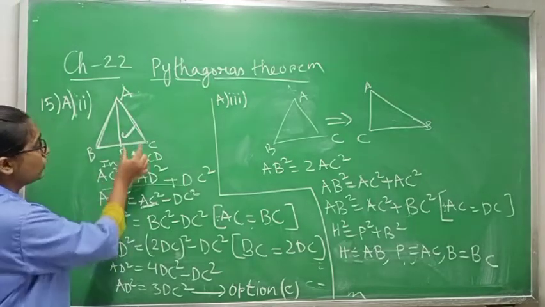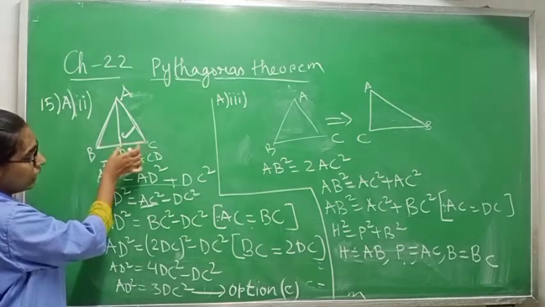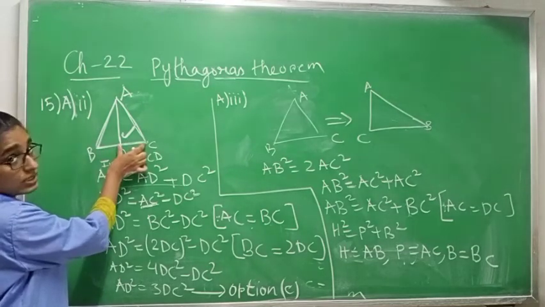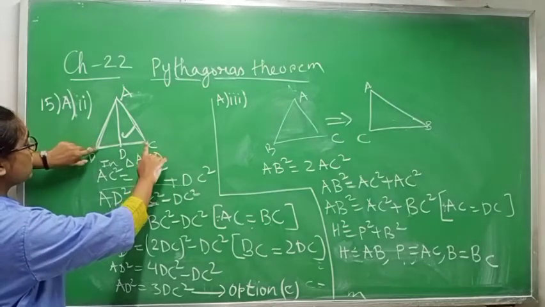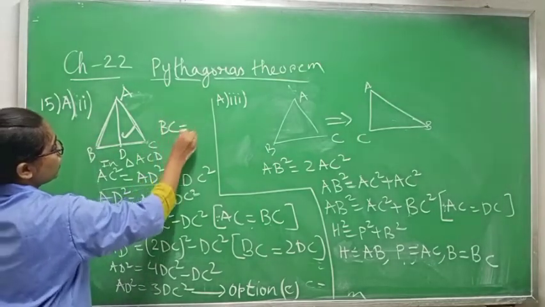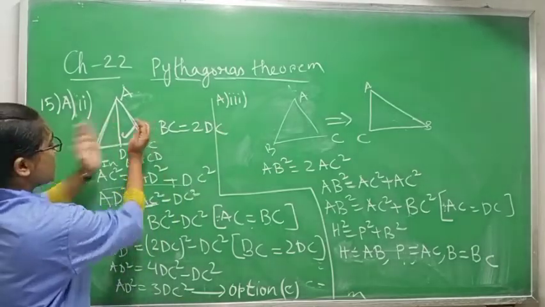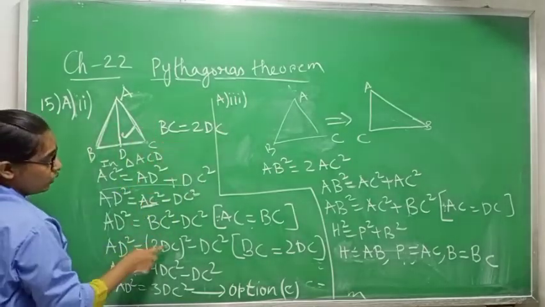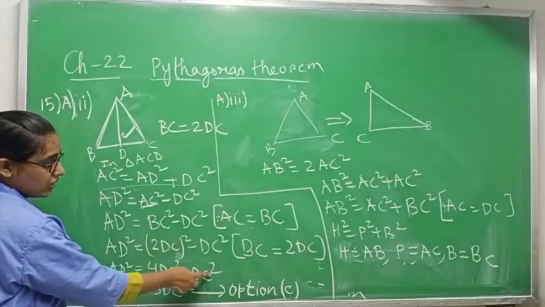Okay, but I need only this part, not this part. So in place of full BC, I will write 2 DC, because BC is full and DC is half, which means BC is double of DC. So in place of BC, I can write 2 DC. 2 square will give you 4 DC square, minus DC square.